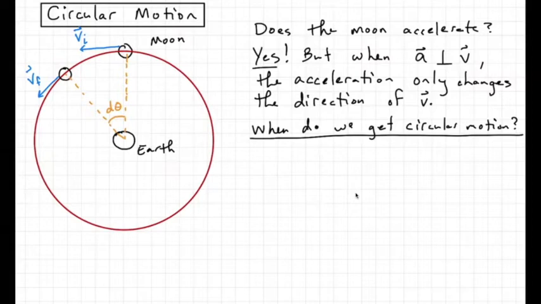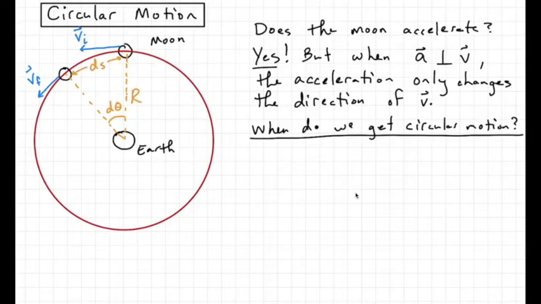We're going to define a radius here as well. So there's some radius that represents the distance from the Earth's center to the moon's center. So there's some circle that the moon's moving on of radius r. And also there is a path length that the moon has undergone. I'll call it ds from there to there.